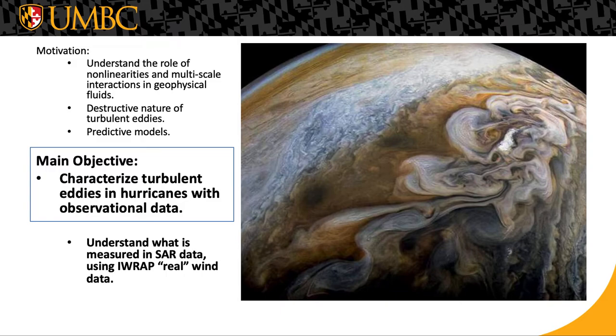It has been shown through numerical modeling, such as by Gao and Guinness, that turbulence can increase the intensification rate of these mature hurricanes by up to 15%.